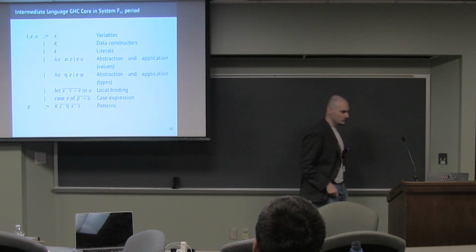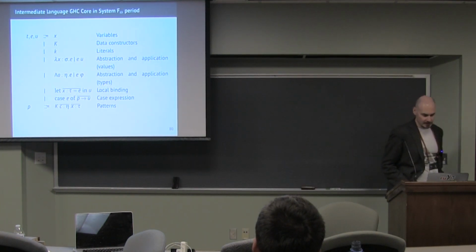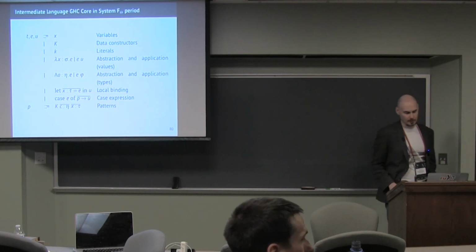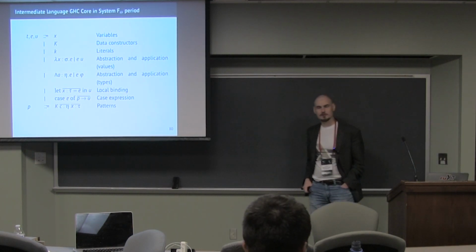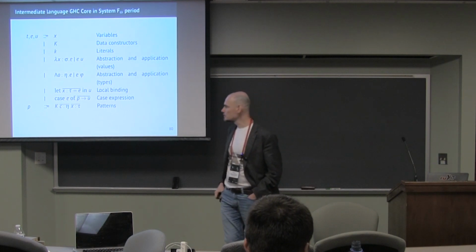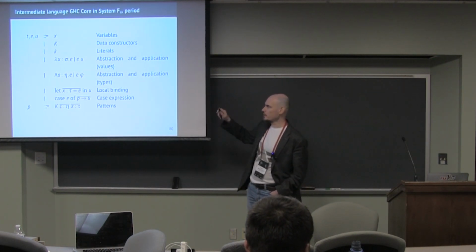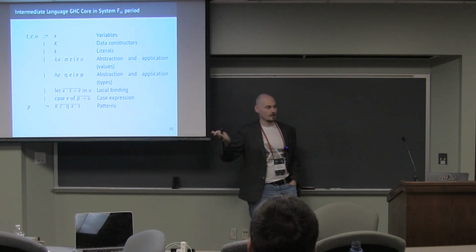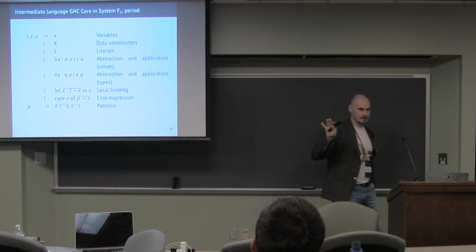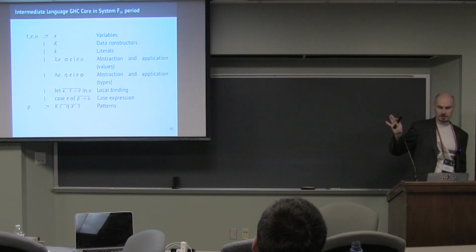We had 2 different lambdas, big lambda and small lambda, for types and for values. We had 2 applications, and we had no other things. So this was for all the time, like for 20 years, we had this GHC Core.